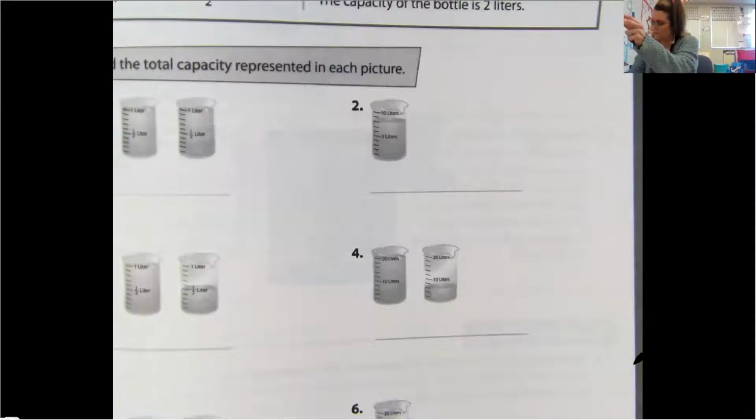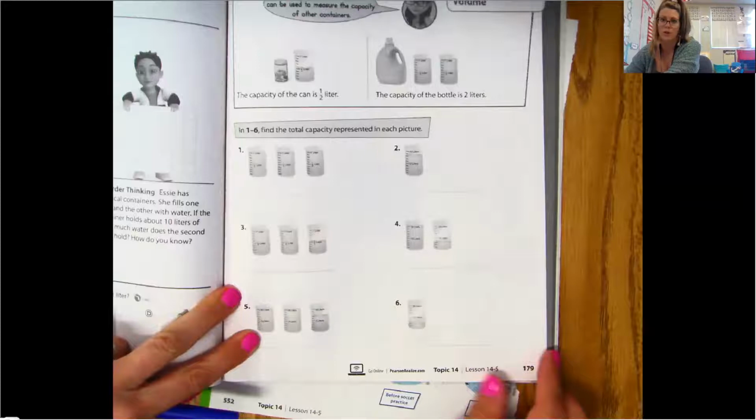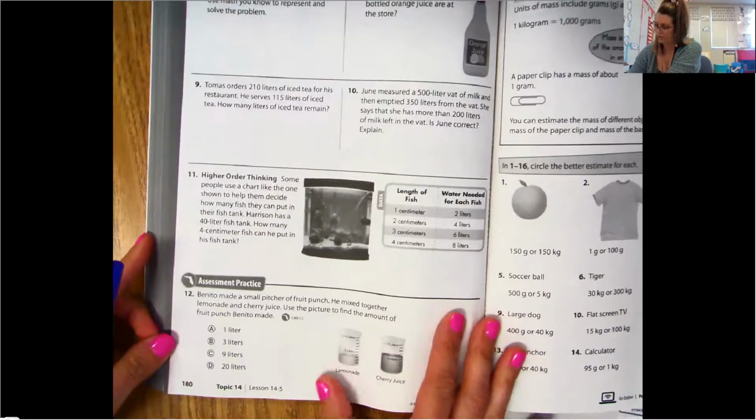Remember, that's also written down in Schoology, and I'll share it with you again. 179 in your additional practice book. If you feel like you need a little bit of extra practice before your quiz, go ahead and do it. Go ahead and do the front. Go ahead and do the back.